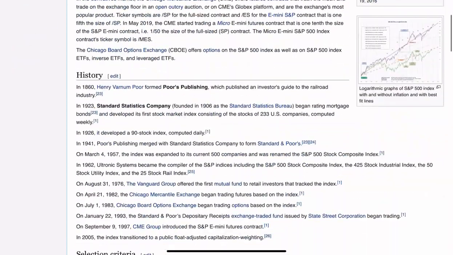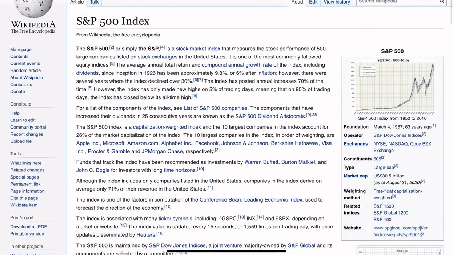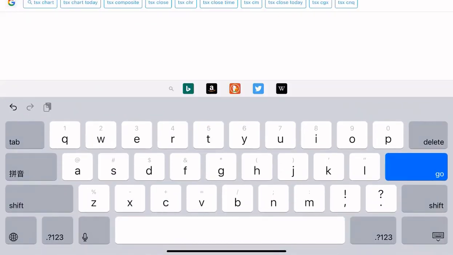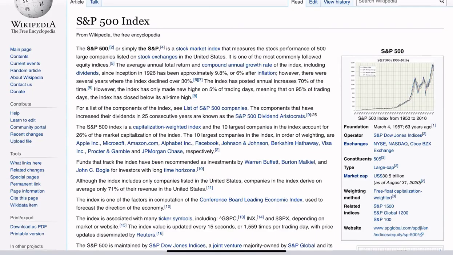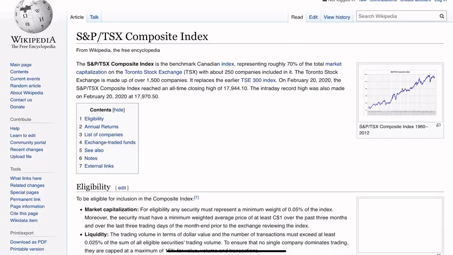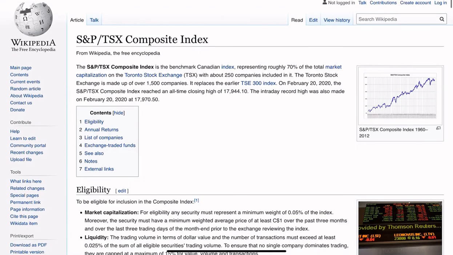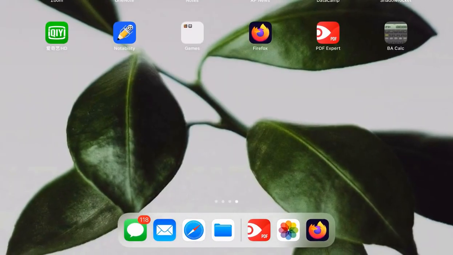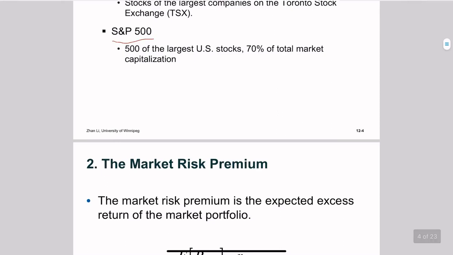You can see that it's an index of 500 large firms. The same thing for the TSX Composite. You can see the price and the return, and on Wikipedia you would see that it's the benchmark Canadian index representing 70% of total market cap from the Toronto Stock Exchange with about 250 firms. So this gives you a closer look at these so-called market indexes.